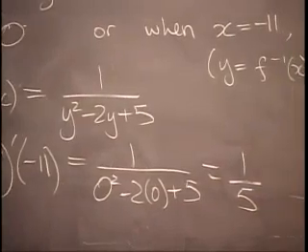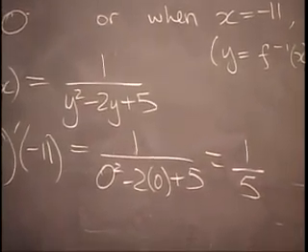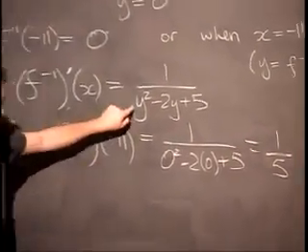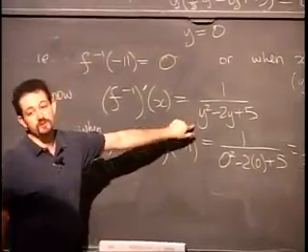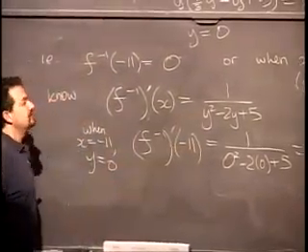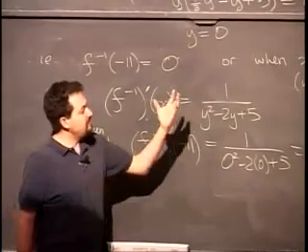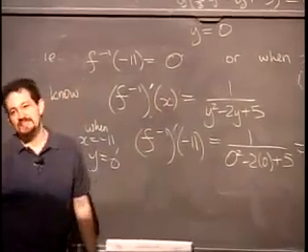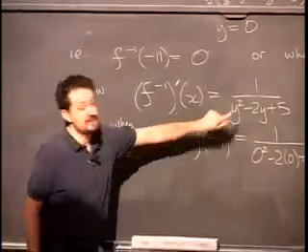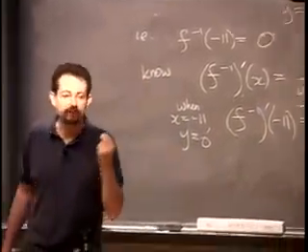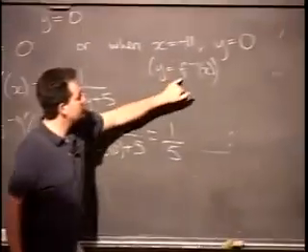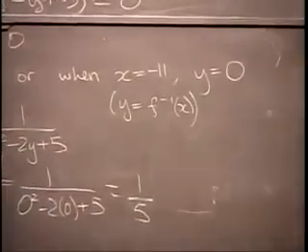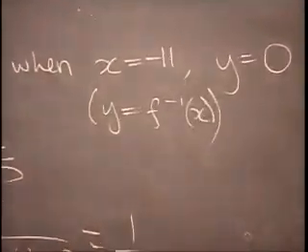Okay, the great temptation is to take this formula and put minus 11 into it. But that is wrong. You have to put 0 into it, because f inverse of minus 11 is 0. And this is a y, not an x. So if you keep your y's and your x's sorted out, always keep reminding yourself that y equals f inverse of x. Then you should be able to get this thing the right way around.